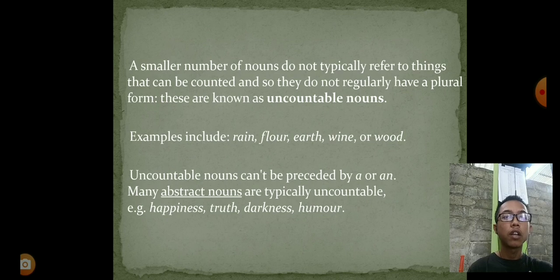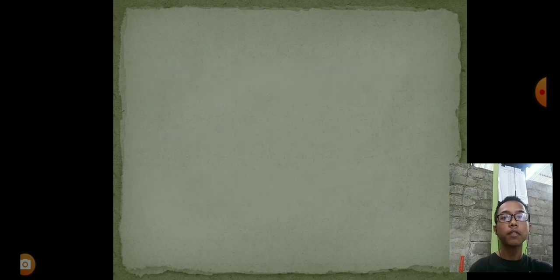Uncountable nouns cannot be preceded by a or an. Many abstract nouns are typically uncountable. For example, happiness, truth, darkness, humor. So it's related to adjectives, something adjective.